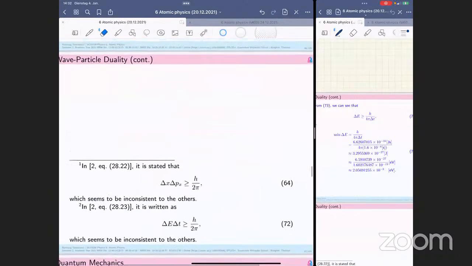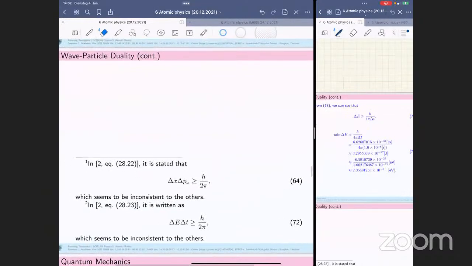One important thing we have to notice is that if you have some time and you go through the book, reference number 2, in equation 22 and equation 23 in chapter 28, you would find that the Heisenberg uncertainty is denoted by h by 2 pi.